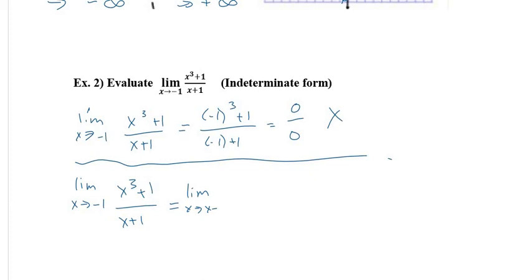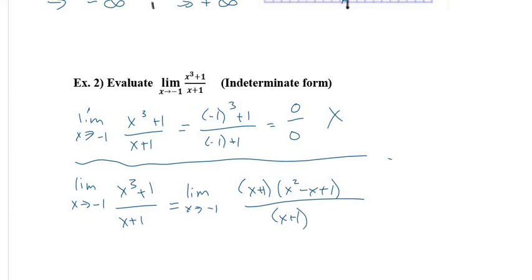So let's just use that rule. It factors to x plus 1 times x squared minus x plus 1, all over x plus 1, our original denominator.